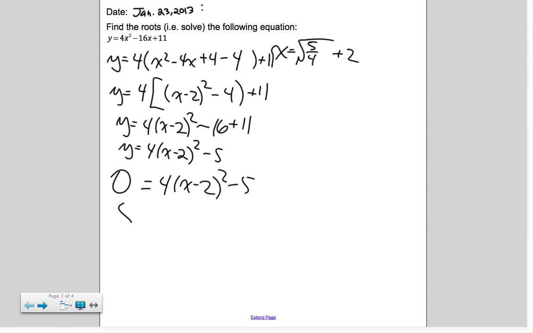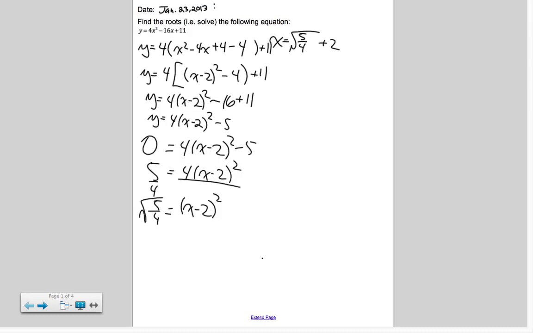Add 5 to both sides. Now I want to divide by 4. So I get 5/4 is equal to (x minus 2) quantity squared. Take the square root of both sides, so plus or minus the square root of 5/4.